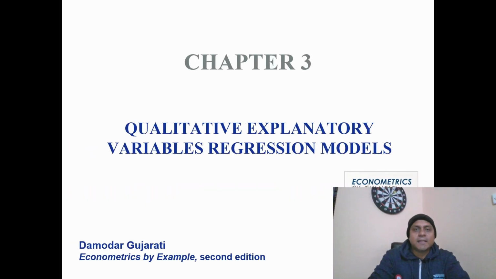Chapter 2 basically discusses the functional form of a regression model. To understand any regression model, you need to put the functional form. For example, Y is equal to a function of K and L, where K is the representation of capital and L is the representation of labor.